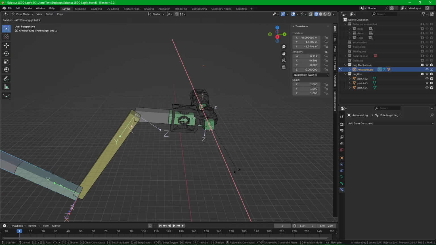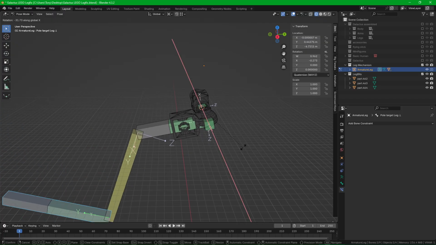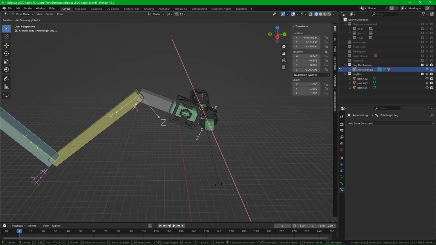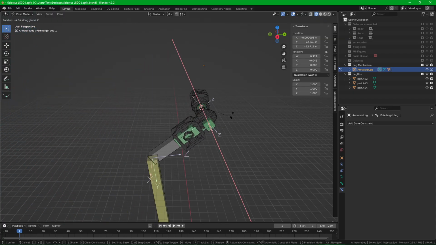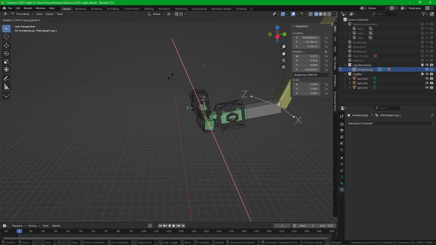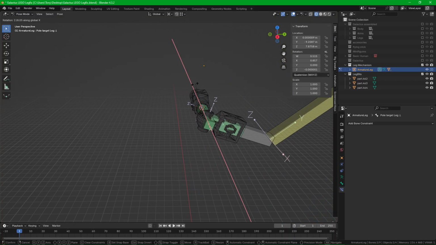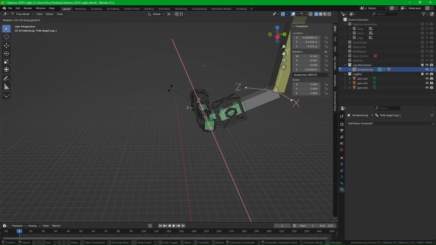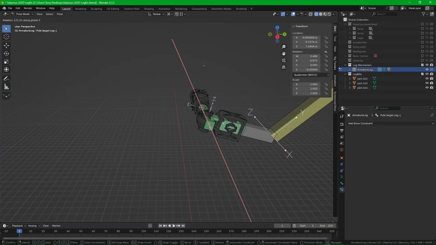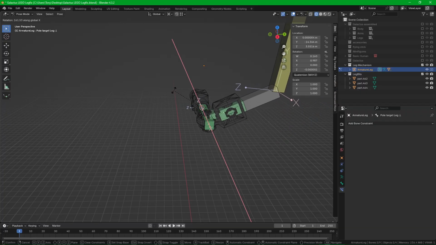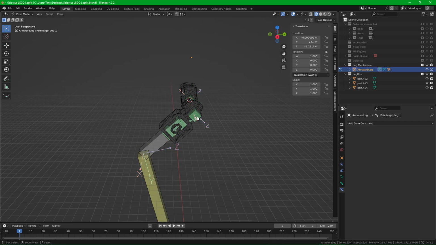Oh, okay, it stops at minus 45, which is odd. I don't know why it stops at minus 45. On this side it goes round all the way to 160. That's kind of odd.